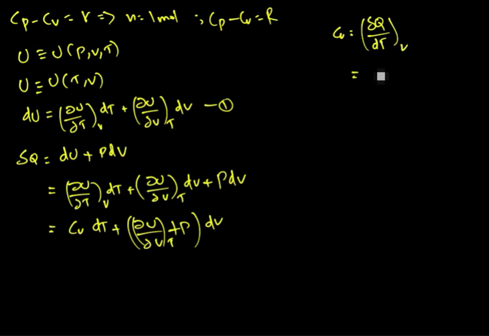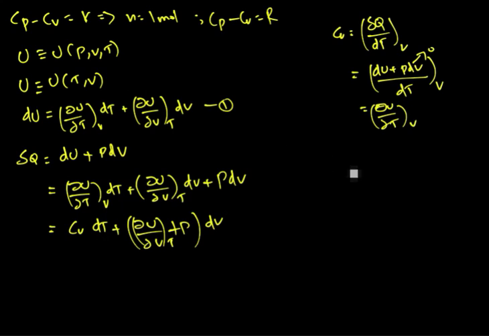So del Q by dT is dU plus P dV at constant volume. At constant volume dV goes to 0, so what remains is dU by dT, that is dou U by dou T at constant volume. So that I am using here as Cv.